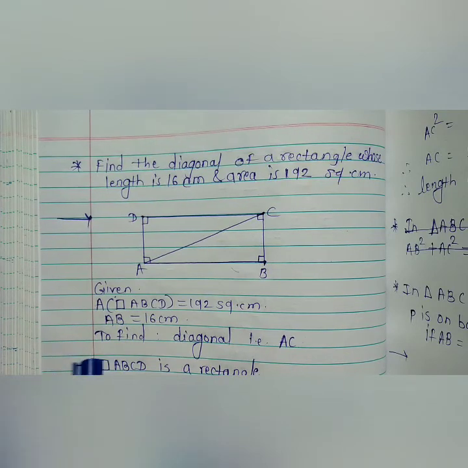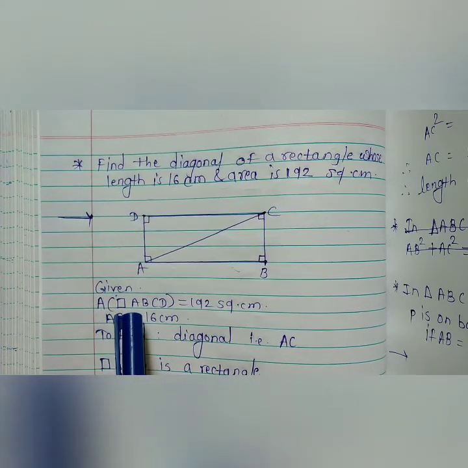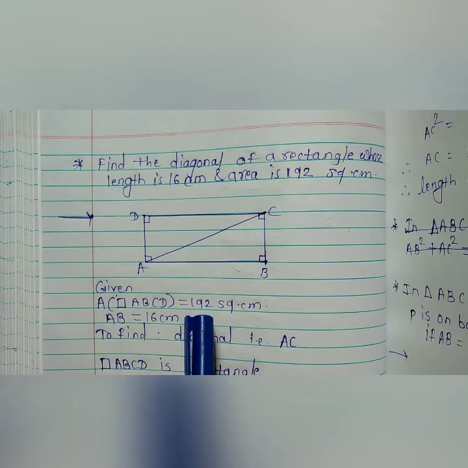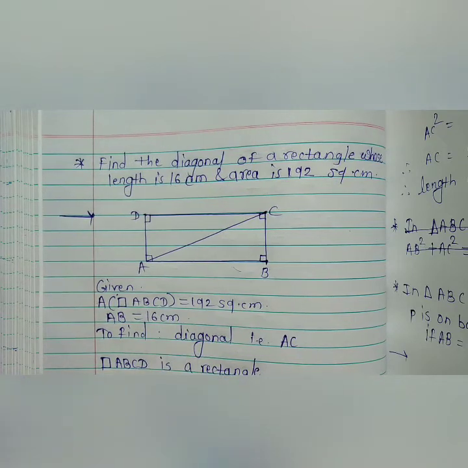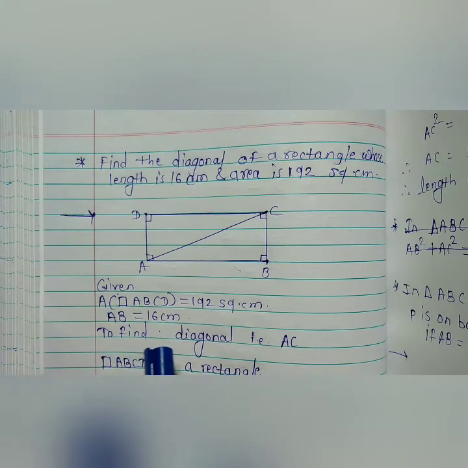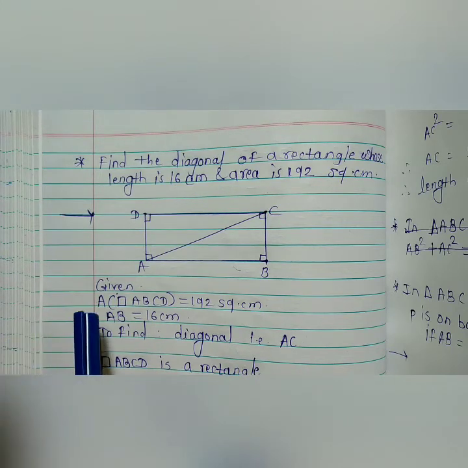Therefore, first write down the given things. Given: area of rectangle ABCD is equal to 192 square centimeter, length AB is equal to 16 centimeter, and to find the diagonal, that is the length of AC. Quadrilateral ABCD is a rectangle.